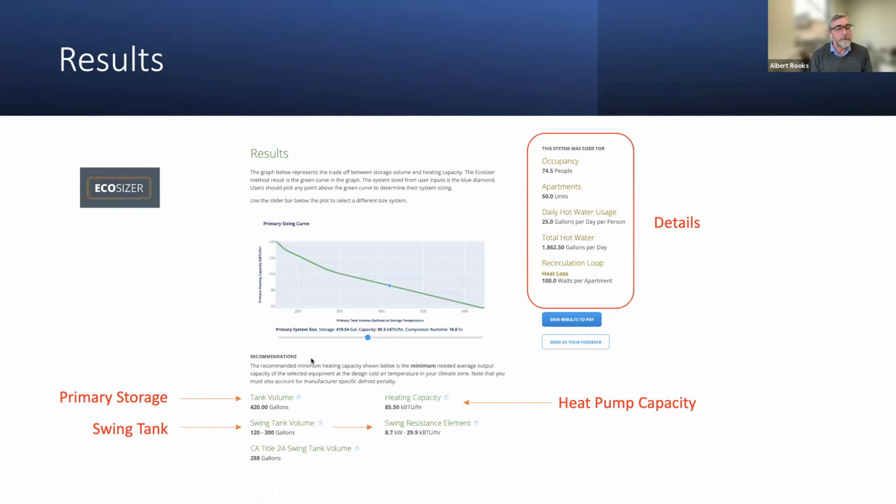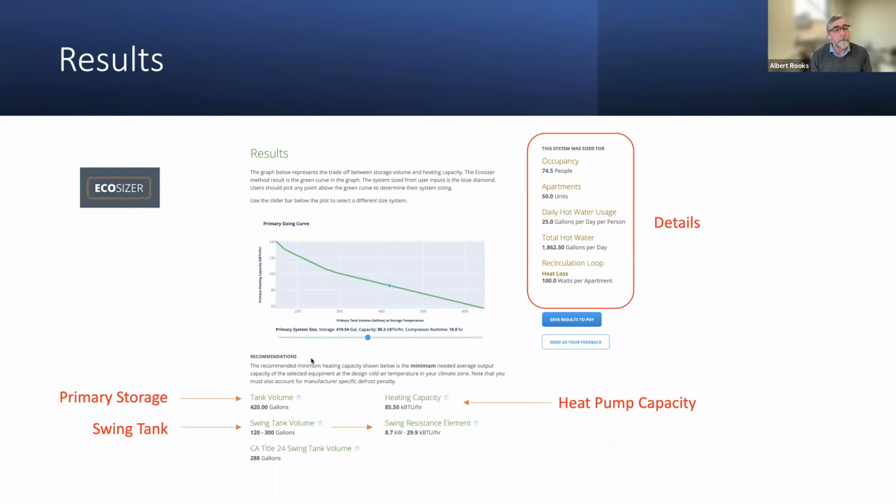And the swing tank's down a little lower. In most average size buildings, like 50 studios, the swing tank's always 120 to 300 gallons. And it doesn't really matter that much, right? Because there's ways that we can give it more information about the recirculation losses, and that's what this is talking about. Over on the right-hand side is the swing tank resistance element.